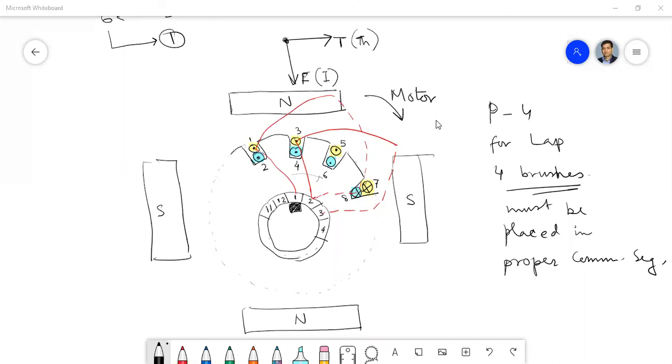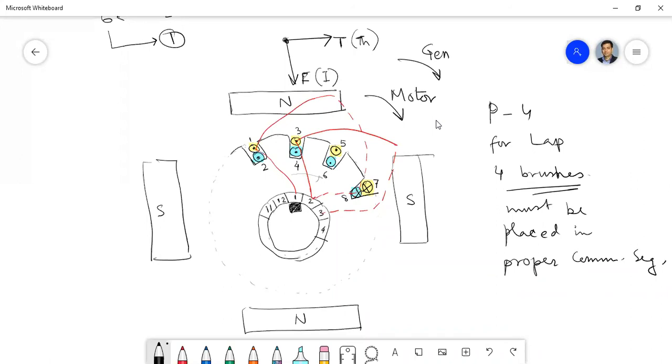That means if you want the generator to work here, you are changing only the type, the machine type, keeping the direction same, right? What you want is a different type of operation.